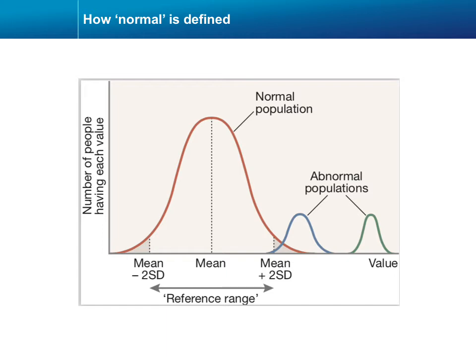The extent to which a result is allowed to normally fluctuate before it truly has changed is called the critical difference. And that is as high as 17% for cholesterol. It's above 50% for TSH. And every result has its own critical difference, which is important to know about, for example, when you're doing routine tests in patients for things like CKD or diabetes, or just following up their thyroid function.